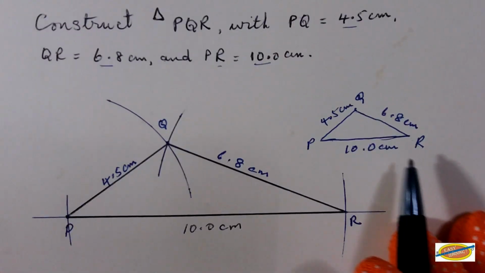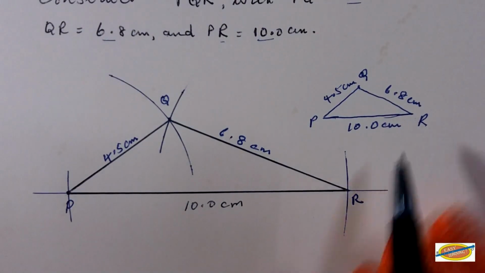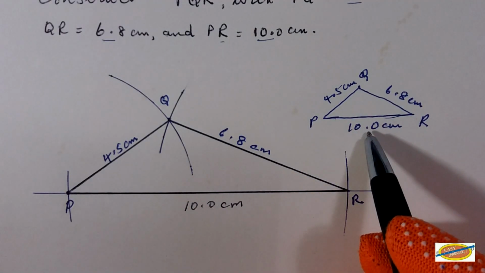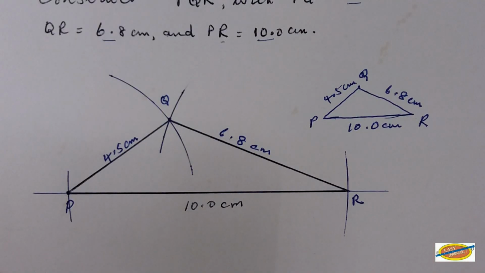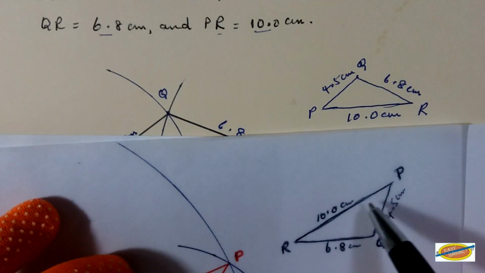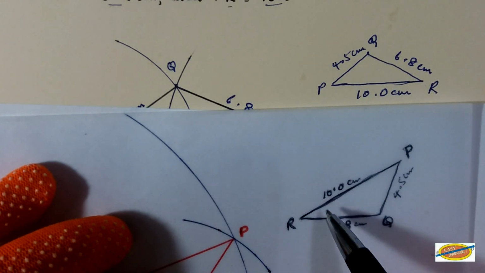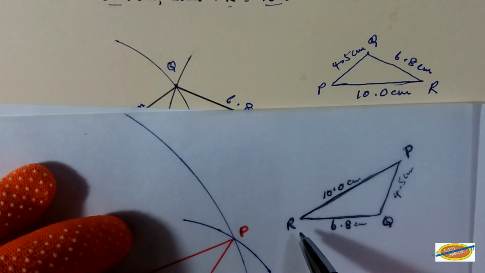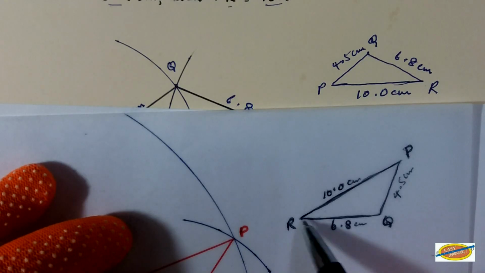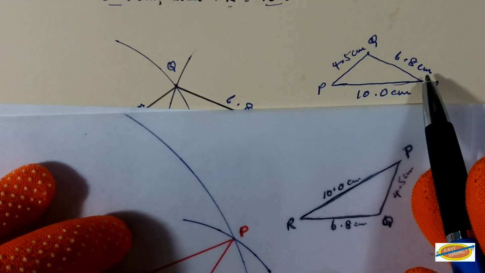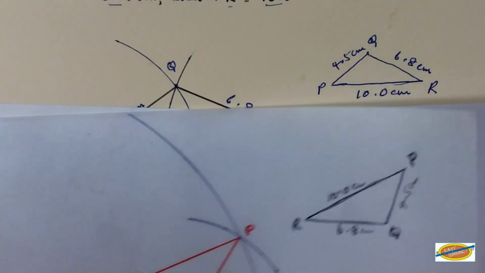Now in this case, I chose to let this base here be PR 10.0 centimeters. Instead of letting PR be down there, somebody might have chosen RQ, but it is still 6.8 centimeters, and might have drawn this triangle.